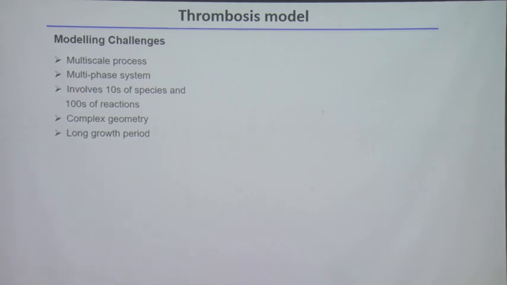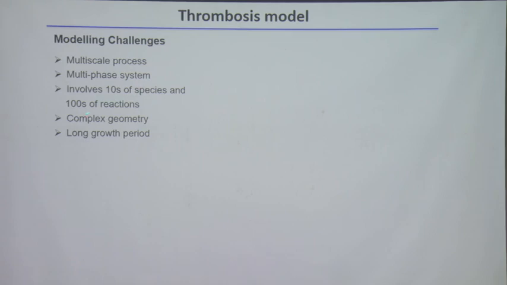It has a large number of species involved. It is multi-phase because the platelets are cells, and the red blood cells are also involved. They're entrapped inside the clots. So it has a fluid phase and a solid cellular phase.